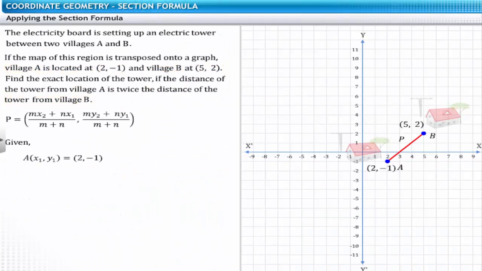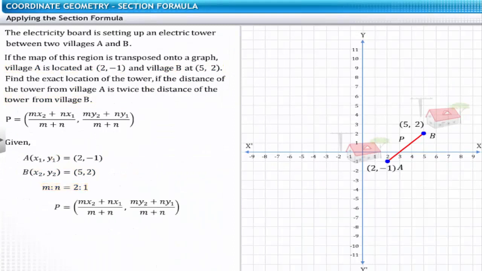According to the problem, coordinates of village A, (x1, y1), is equal to (2, -1). Coordinates of village B, (x2, y2), is equal to (5, 2). The ratio of the distances of the tower from villages A and B, or m:n, equals 2:1.